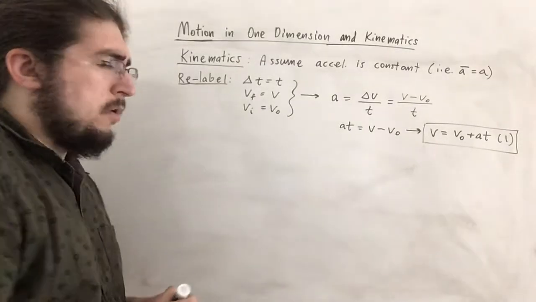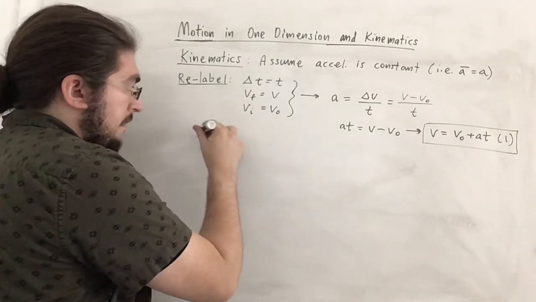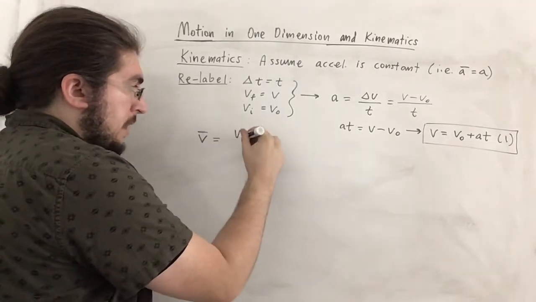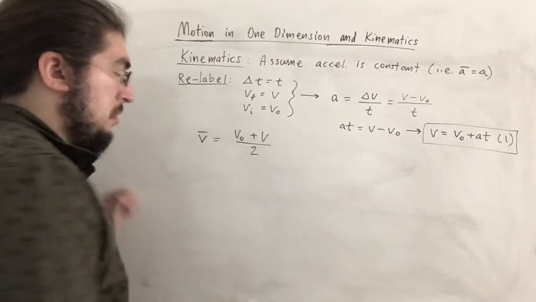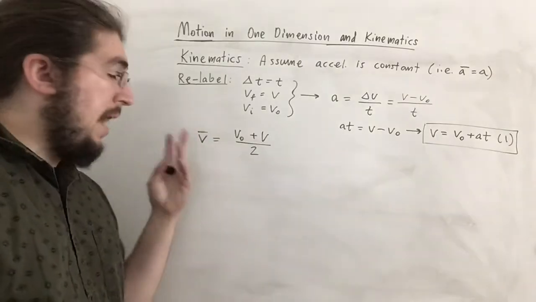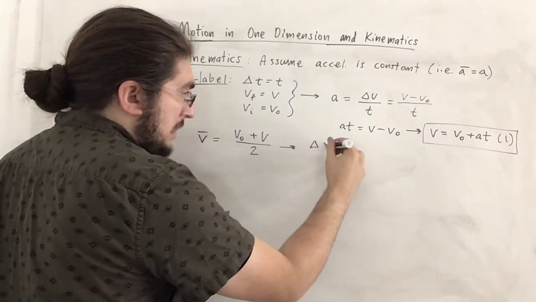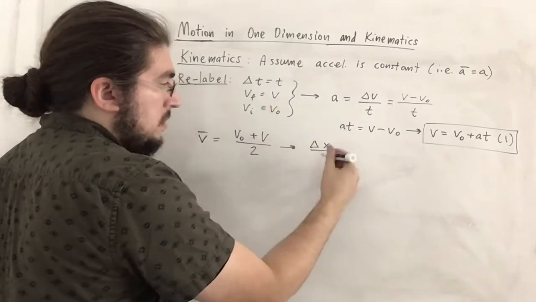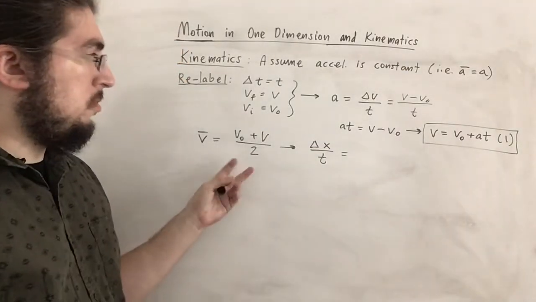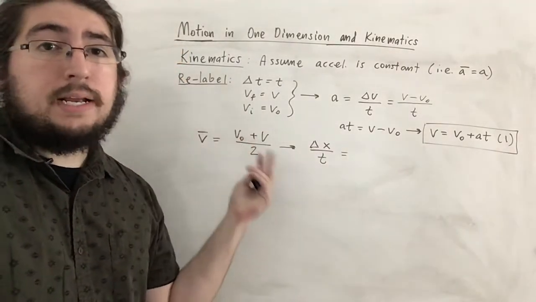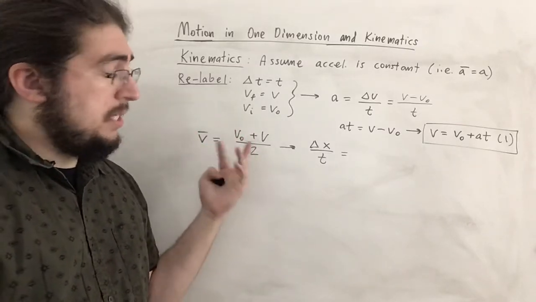And the next kinematic equation, which to be quite honest is very often not considered, is v bar, the average velocity, is just the initial velocity added to the final velocity divided by 2. So it's actually that the average velocity, which is of course delta x over delta t, which we relabel as t, is equal to, well, the actual arithmetic mean, or average, you can say, of the initial and final velocity.